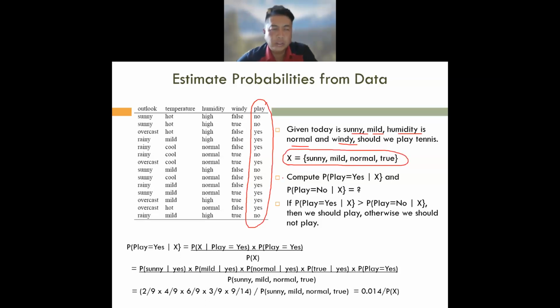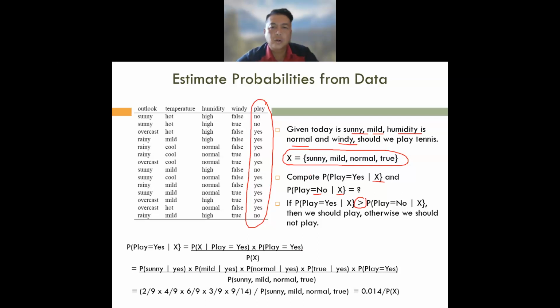What we want to do is compute the probability of yes or no given x here. First we compute the probability of playing is yes given x, and next you also have to look at the probability of play no given x. Whichever is greater, you decide the class to be that class.